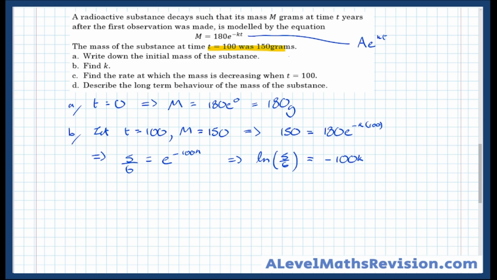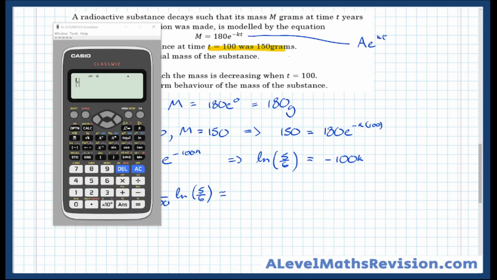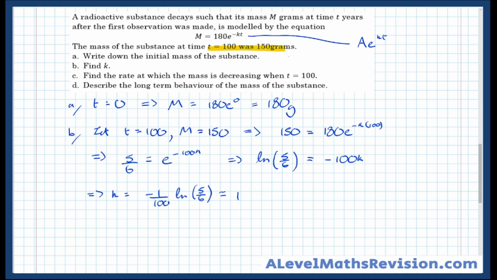Which then means that k equals minus 1/100th of log of 5/6, which is approximately 1.8232 times 10 to the negative 3.